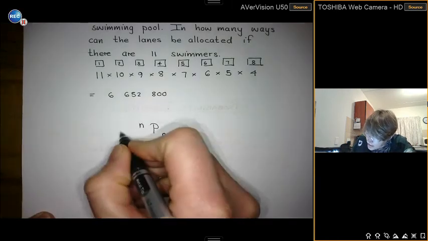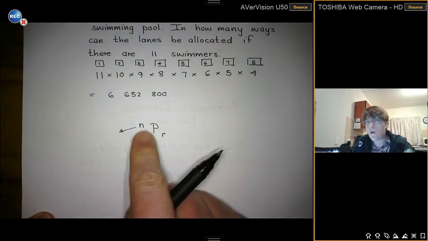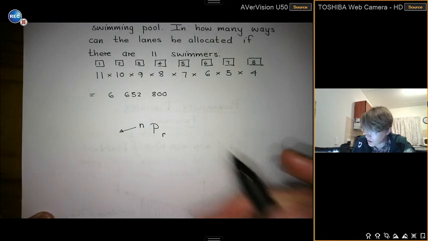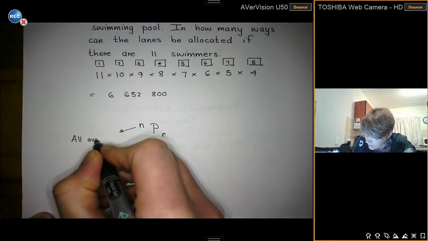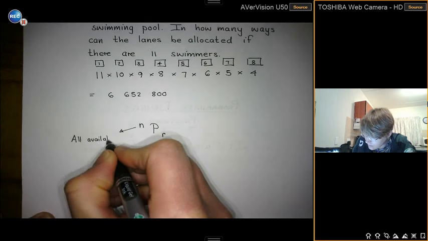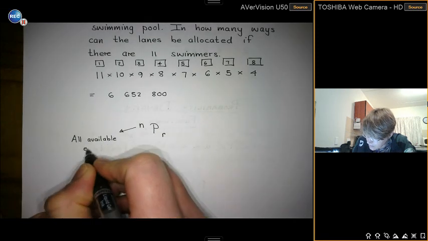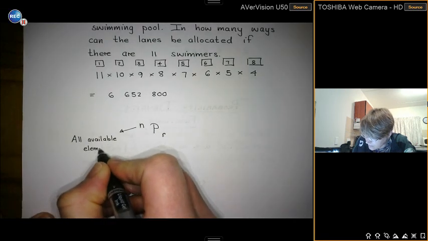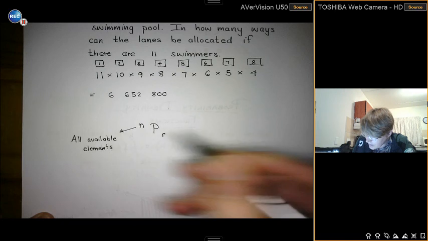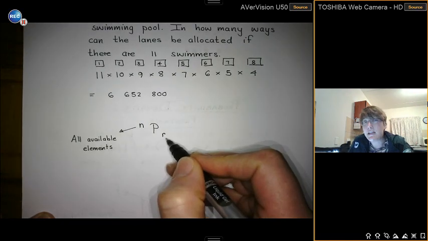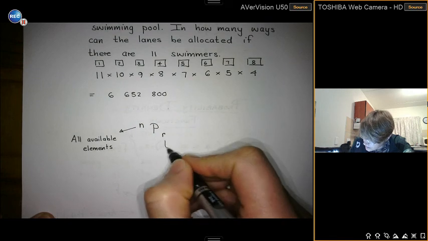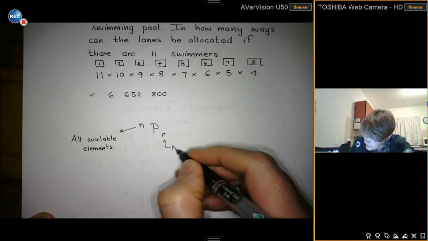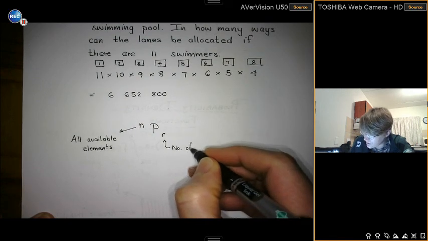So n is all the available elements in the sample space, whereas r is the number of these elements in the sample space you're going to be choosing. So r is the number of elements chosen.